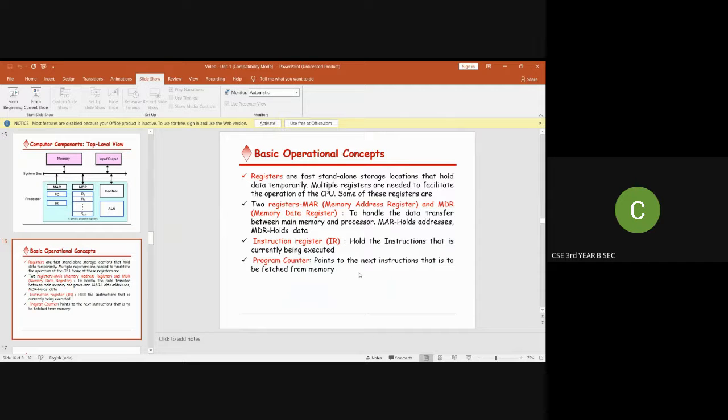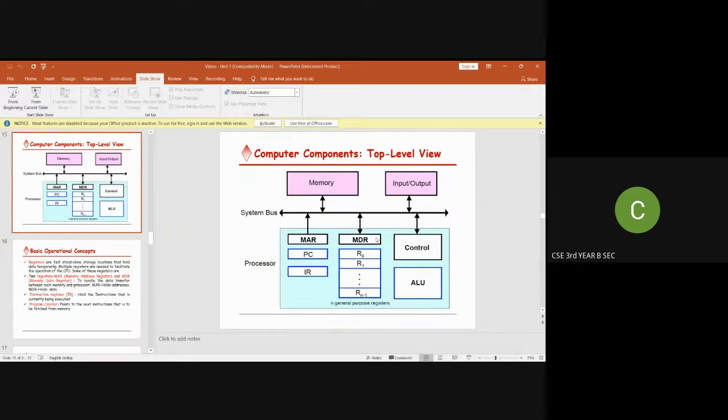The next ones are the memory address register and the memory data register. These are two different registers used to access information. The MAR always contains the address of the data.